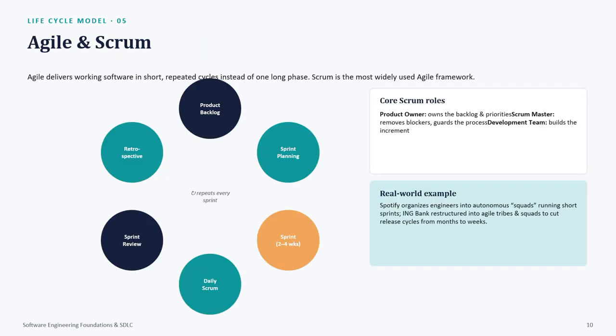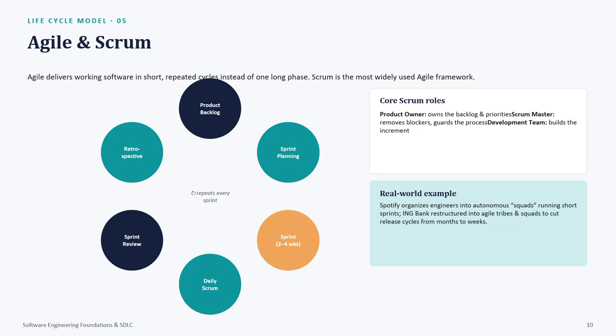What are Agile and Scrum? Agile delivers working software in short, repeated cycles instead of one long phase. Scrum is the most widely used Agile framework. In this, we will see product backlog, sprint planning, sprint of 2 to 4 weeks, daily Scrum, sprint review, and then a retrospective. Core Scrum roles: product owner owns the backlog and prioritizes.